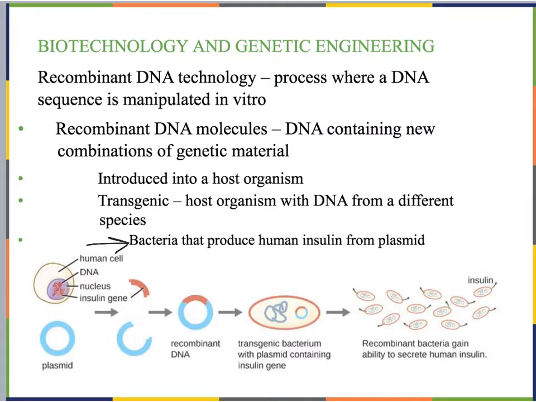This is so that we don't have to go around killing a whole bunch of animals and taking their insulin, which is how it used to be. There's porcine insulin, which means insulin that comes from pigs. They used to slaughter pigs and take out all of their insulin, and that would be used for diabetics, typically for the type 1 diabetic, who is unable to make insulin or make enough insulin to live.